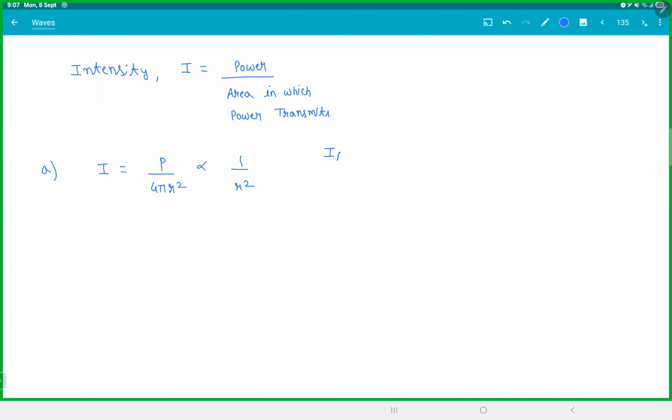So intensity at A by intensity at B will be 2r square by r square, 4 is to 1. And we saw that every time you double, there is a 3 decibel difference. So beta A minus beta B will be approximately 6 decibels.